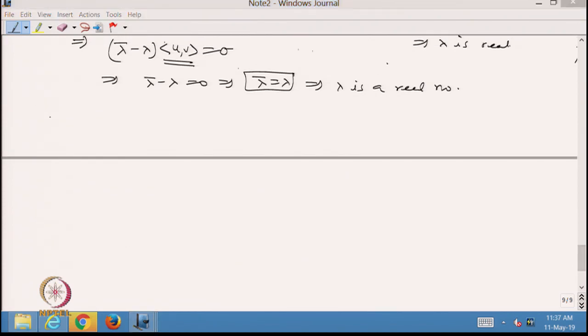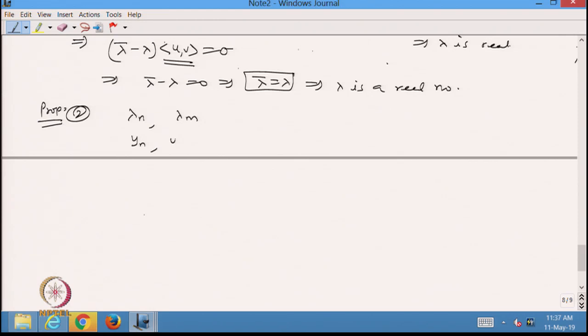Now the second property. I just want to give the proof of that one. Let me take two eigenvalues, lambda n and lambda m, and the corresponding eigenfunctions y n and y m. Now I want to find the inner product of L y n and y m.